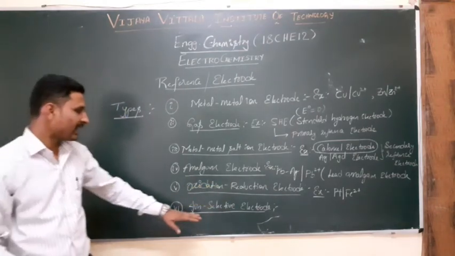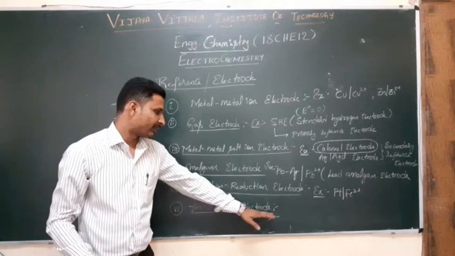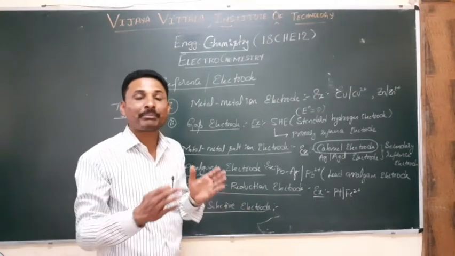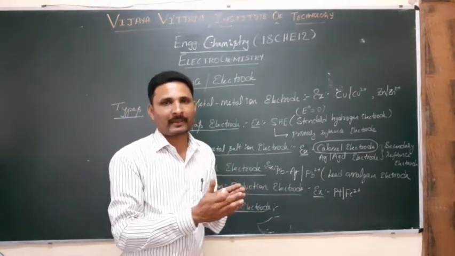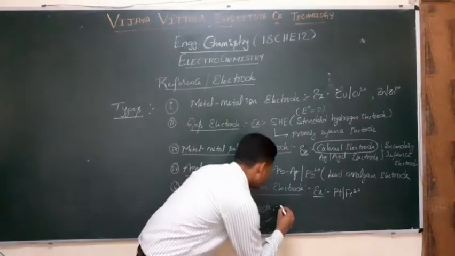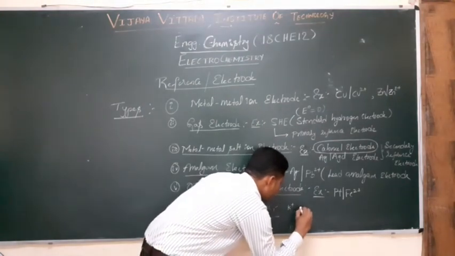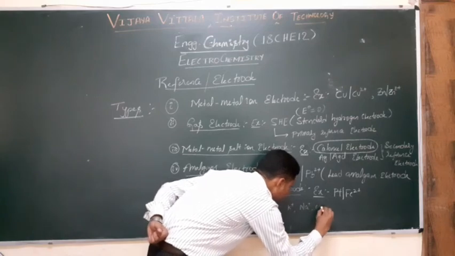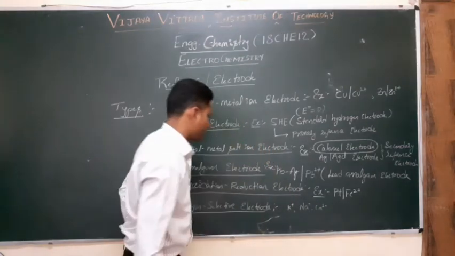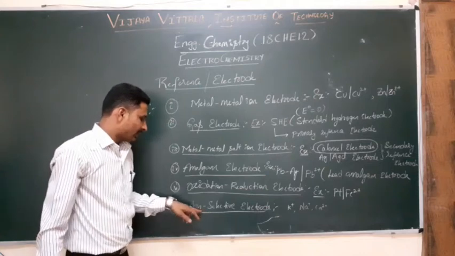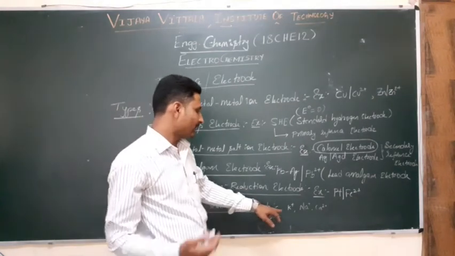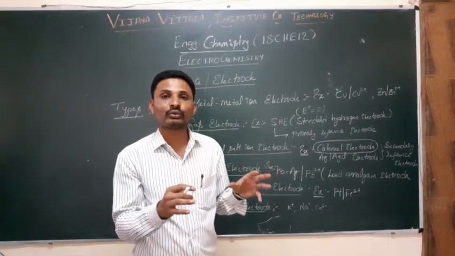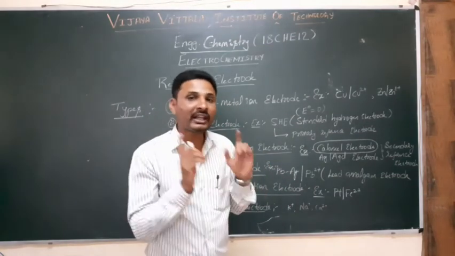That means the ion selective electrode is very selective towards a particular ion. Suppose we need to calculate K+, or Na+, or Ca2+. Here the ion selective electrode is very selective towards a particular ion.